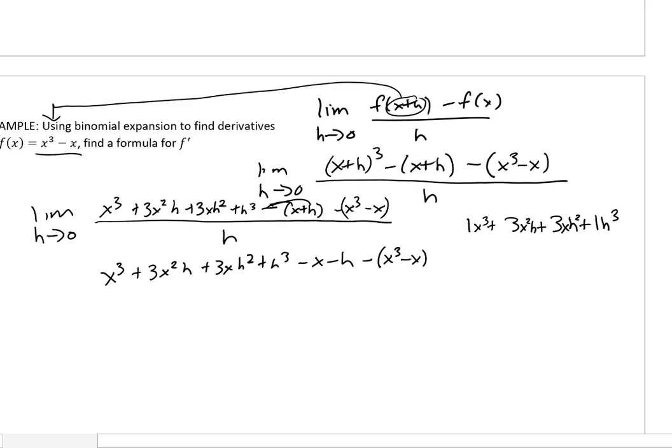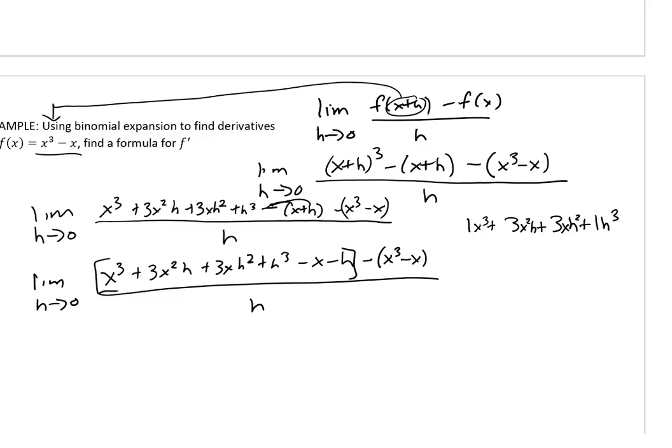So once we've got that first part distributed and there are no parentheses anymore, now we're ready to cancel. Because everything without an h in it should cancel. So I have x cubed. Sure enough, x cubed minus x cubed, they cancel. I have negative x minus negative x. Those cancel. So everything without an h in it canceled as it should.